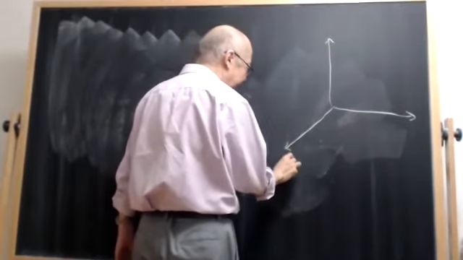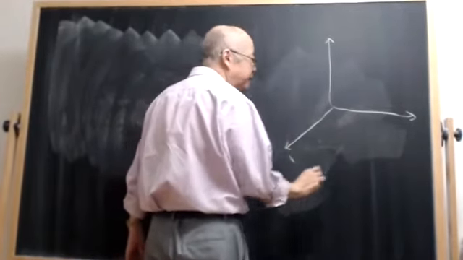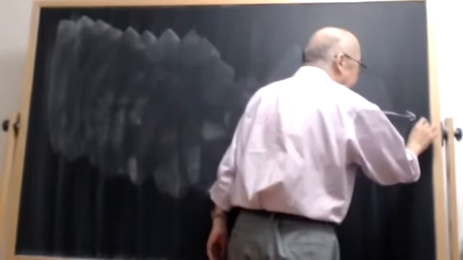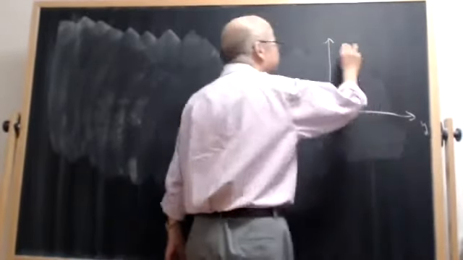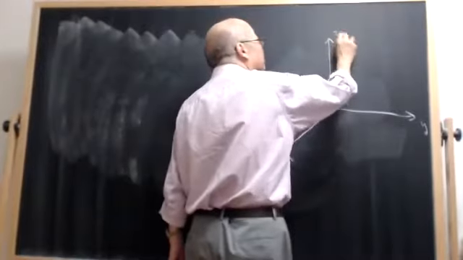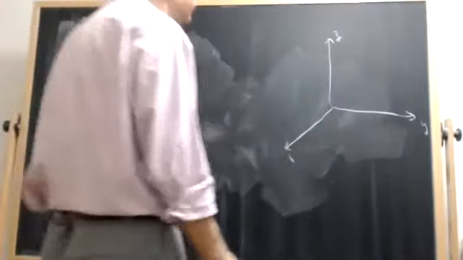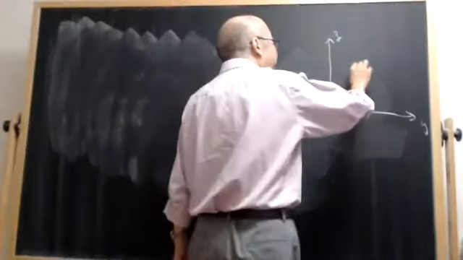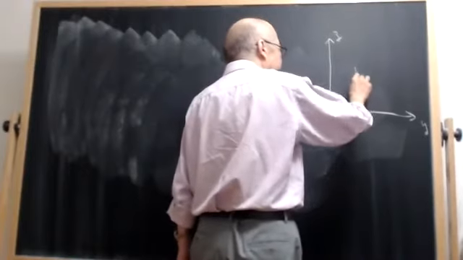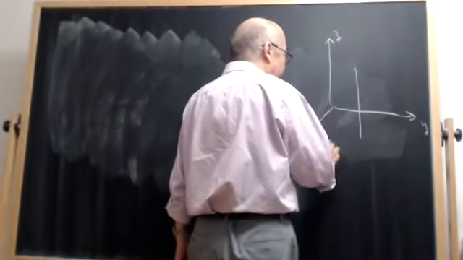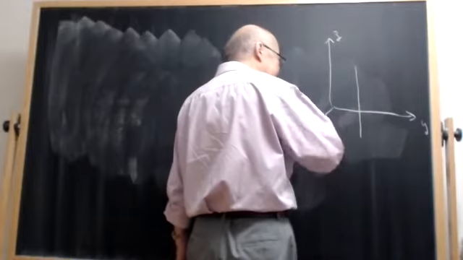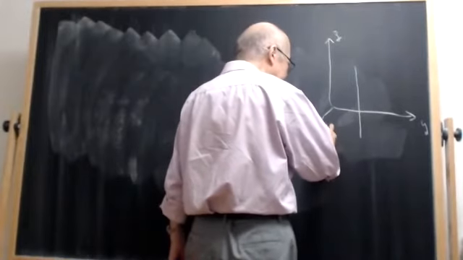So you have the X, Y, Z space, or in short, R3. You take a point here, you drop a perpendicular down to the XY plane.